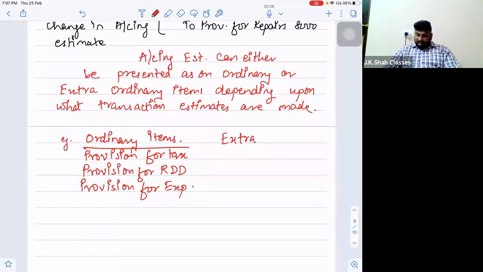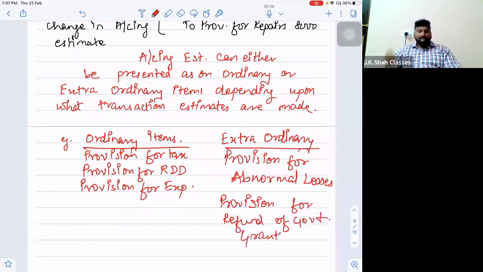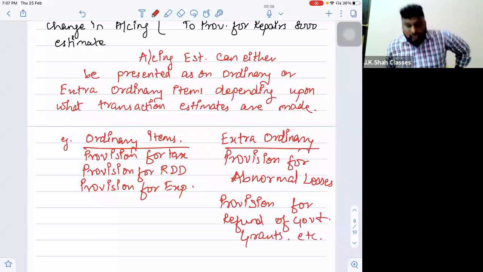Sir, provision for abnormal losses, provision for all abnormal losses, then provision for refund of government grant, etc. Right? So whenever you are making an estimation for a particular item, if that item is ordinary, the estimation will also be ordinary. If that item for which you are making a provision is extraordinary, the estimate is also extraordinary.